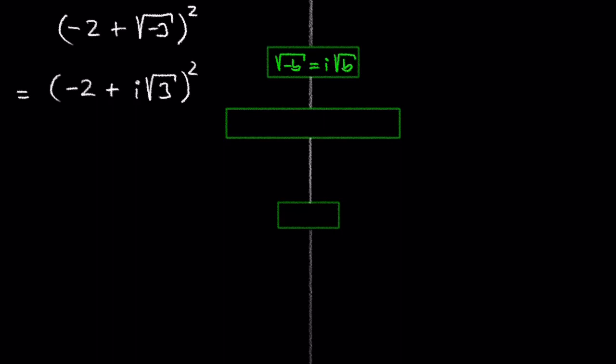Then we use one of the three most important binomial formulas, which is (a plus b) squared equals a squared plus 2ab plus b squared.